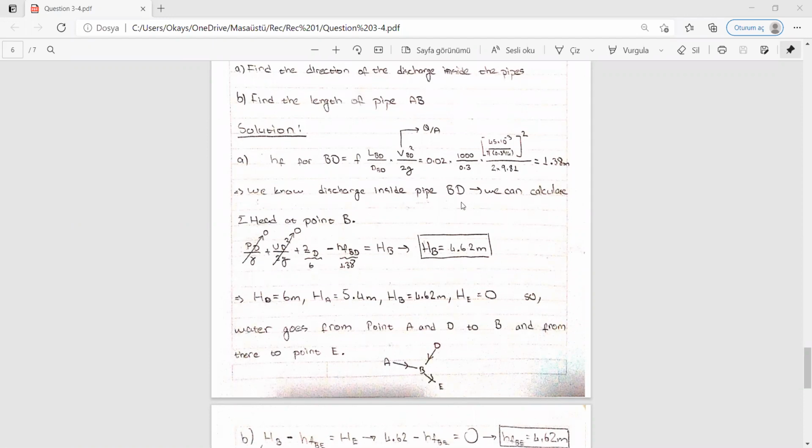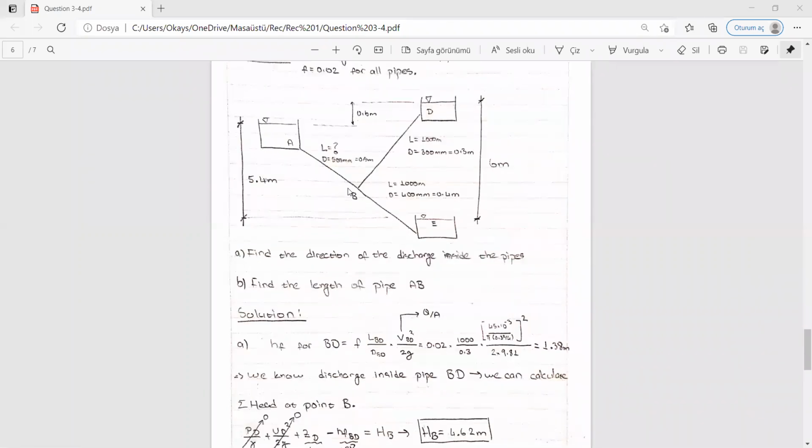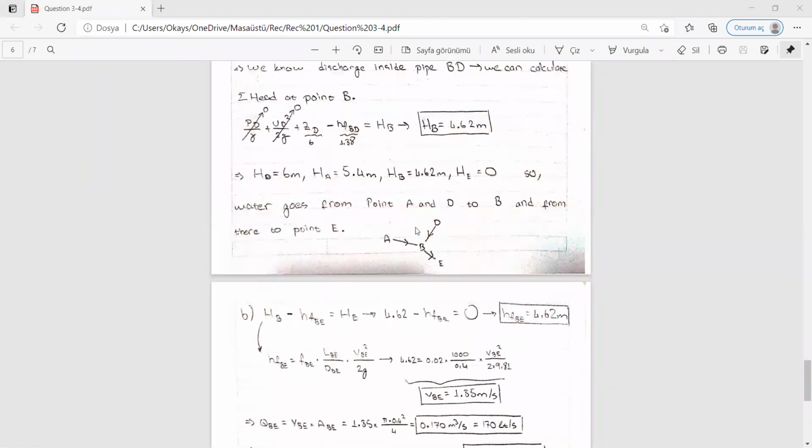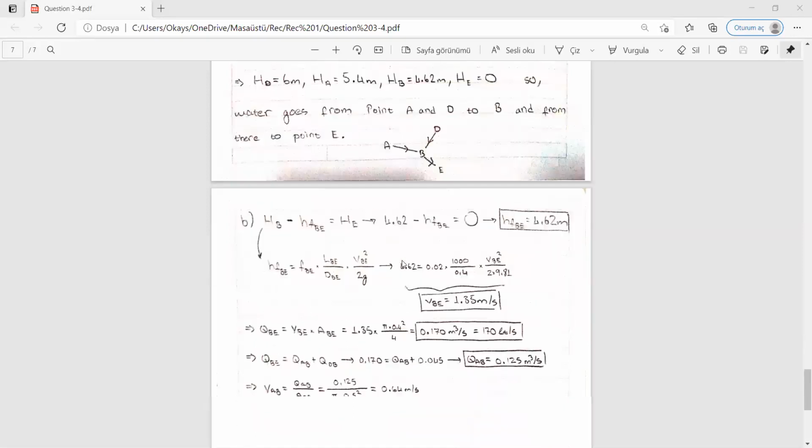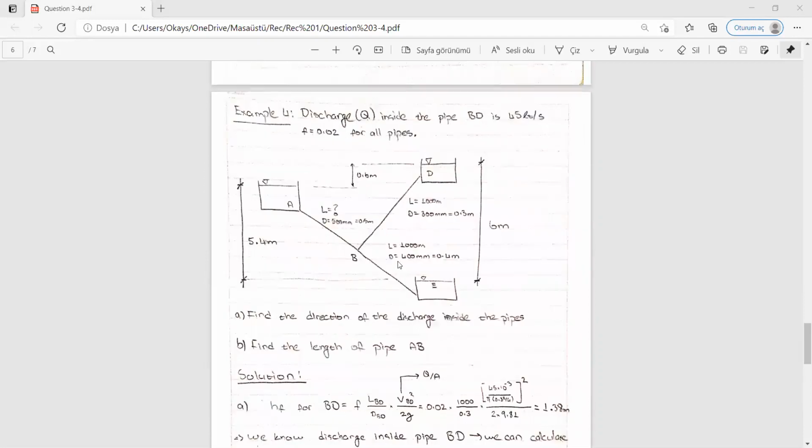So for part B, what it was asking, find the length of pipe AB. To be able to find the length of pipe AB, first of all, if we can find the discharge in this pipe, we can find automatically the discharge in pipe AB.